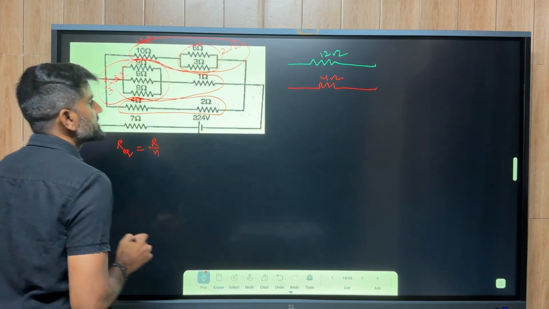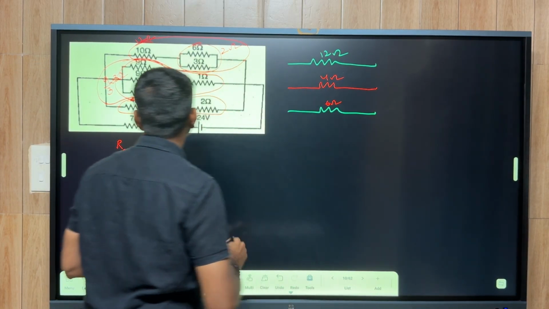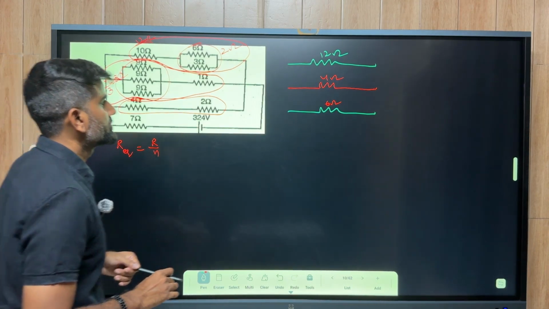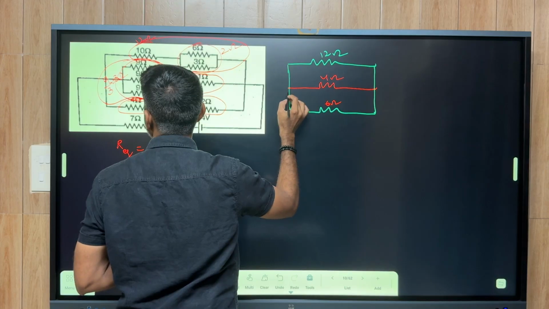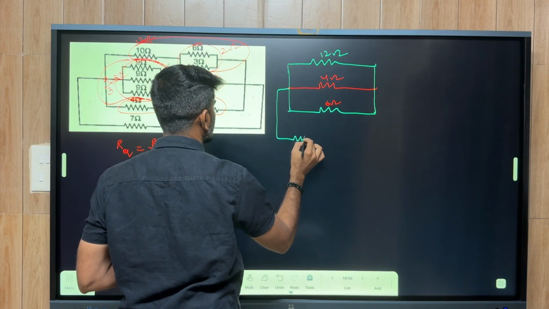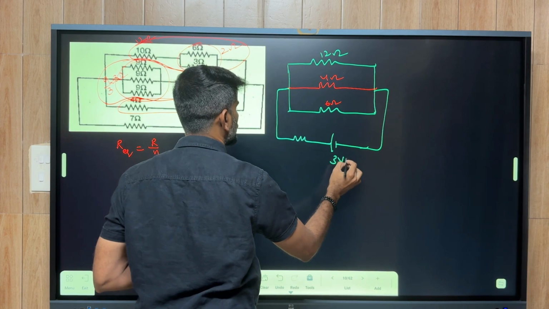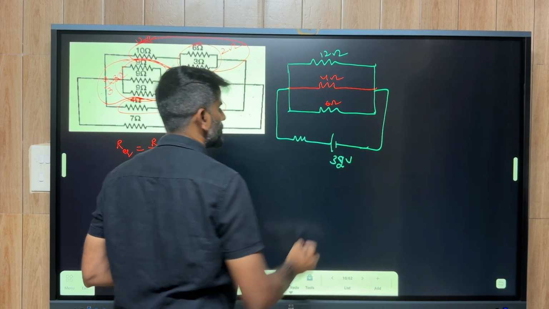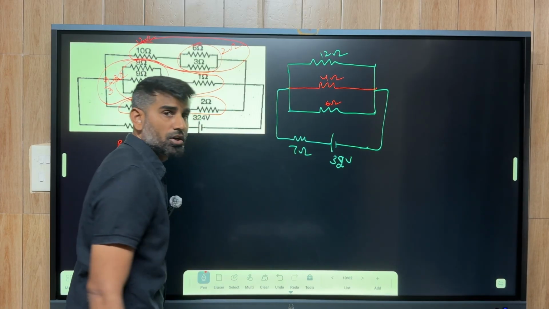These two are connected in series, 4 and 2 together, which is 6 ohms, right? Now we have our simplified circuit, and this is connected to another resistance, something like this, 32 volts. And this resistance is 7 ohms.